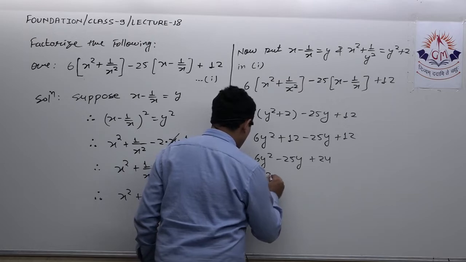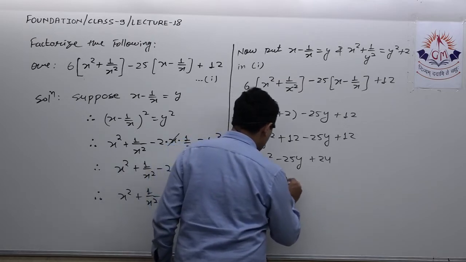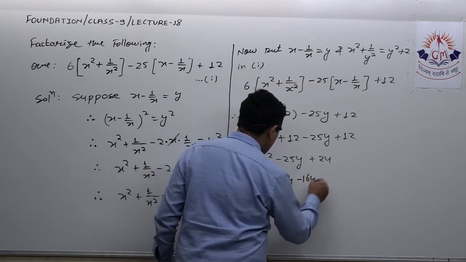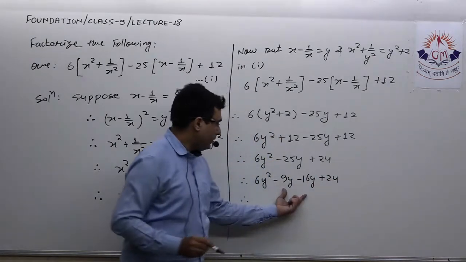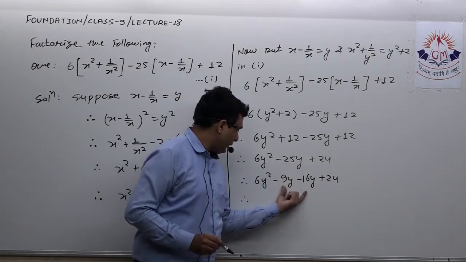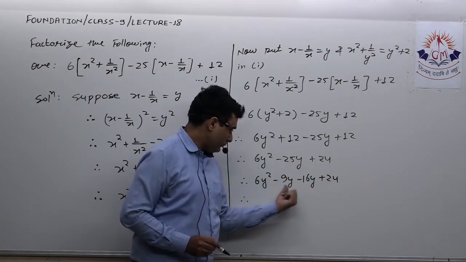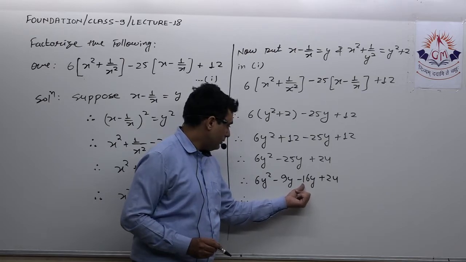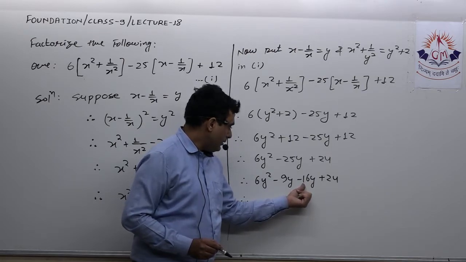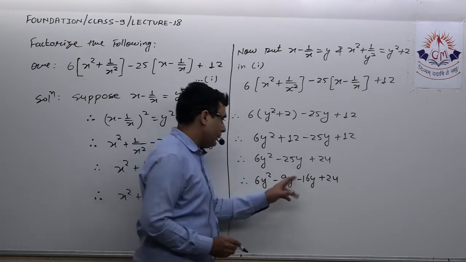So 6y square minus 9y minus 16y plus 24. Now definitely their sum is minus 25 as well as their product is 24 into 6. Okay, it is positive as well.